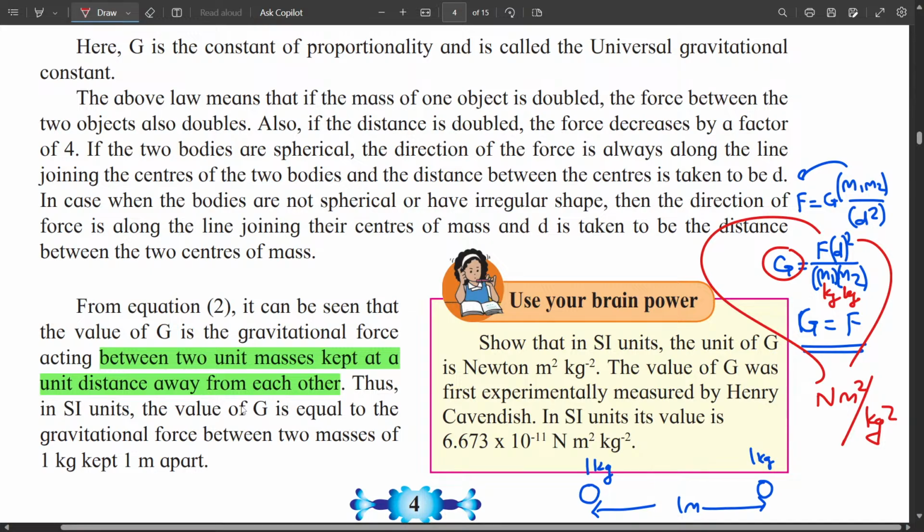So the value of G found by Henry Cavendish is 6.673 into 10 raised to minus 11 Newton meter square per kg square, or we can write Newton meter square kg raised to minus 2. These two are one and the same. So this is how the unit of capital G is found, and its value was found experimentally.